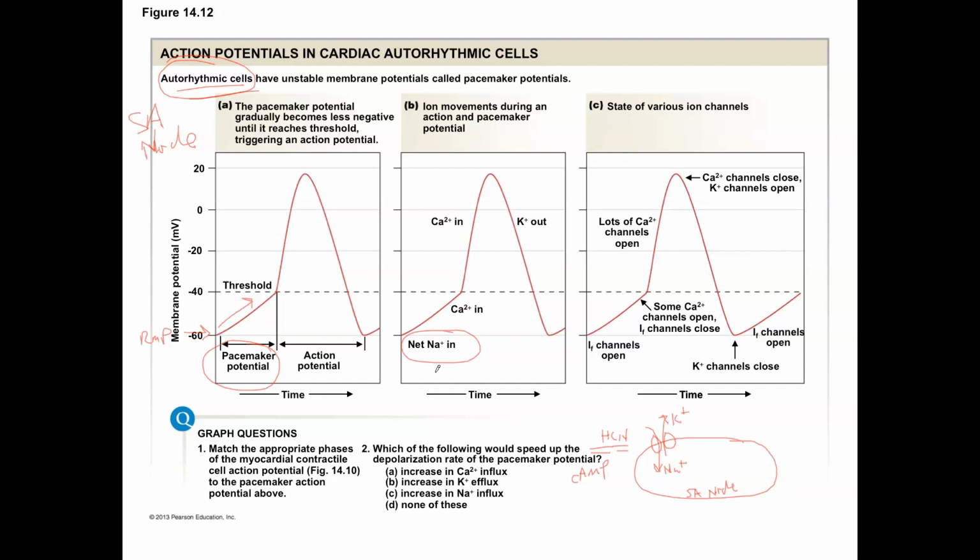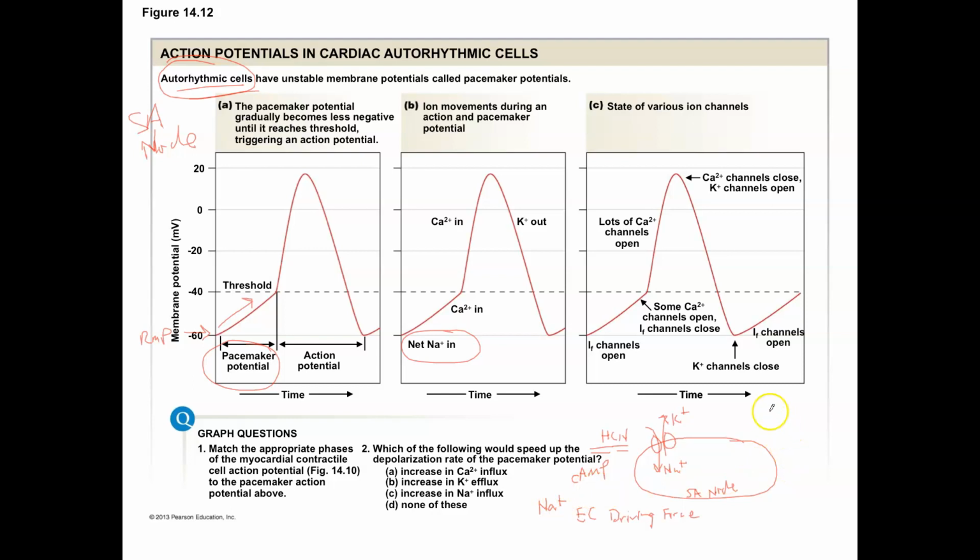to slowly depolarize. And the reason there's more sodium coming in is because there's a greater sodium electrochemical driving force. I'll just put EC driving force. So the diffusion of sodium into the cell and the electrical attraction of sodium into the cell is greater than that of potassium.